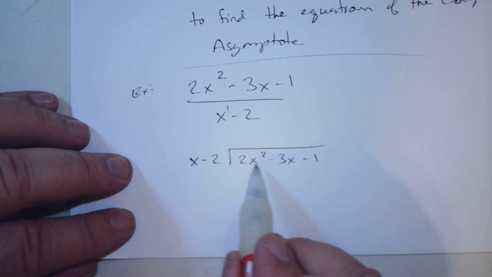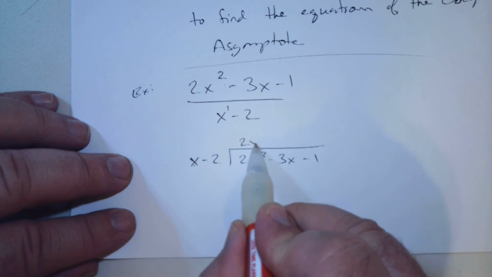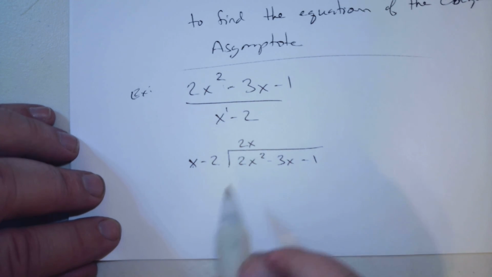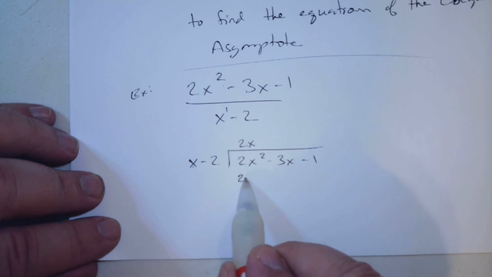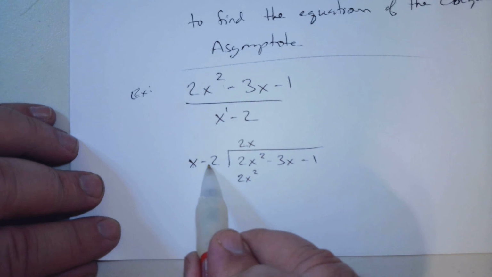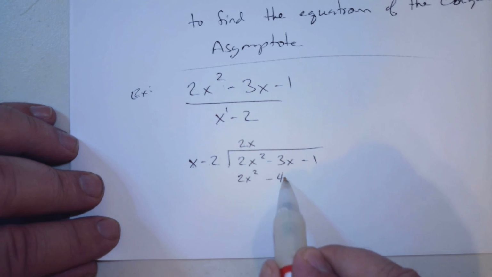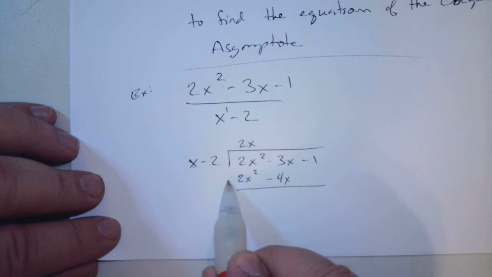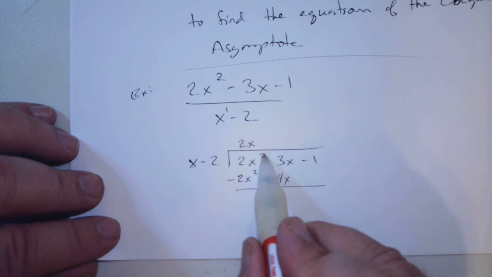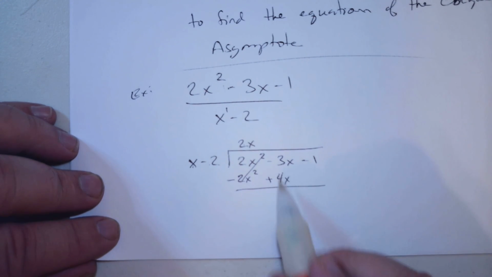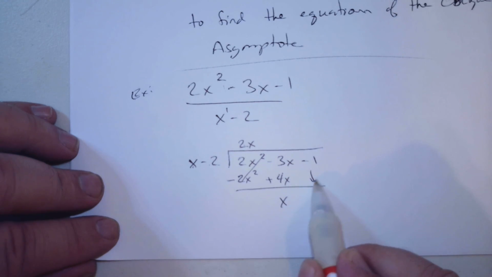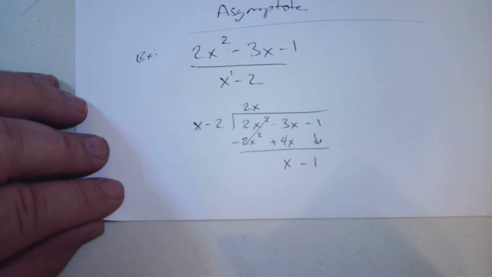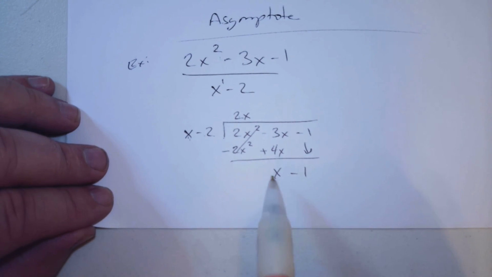What times x gives me 2x squared? 2x. 2x times x is 2x squared. 2x times negative 2 is negative 4x. Change the signs. So negative 3 plus 4 is 1x, and bring down. What times x is x?